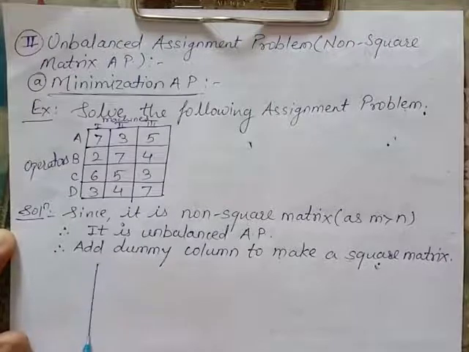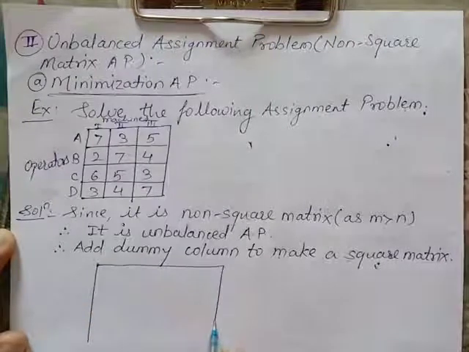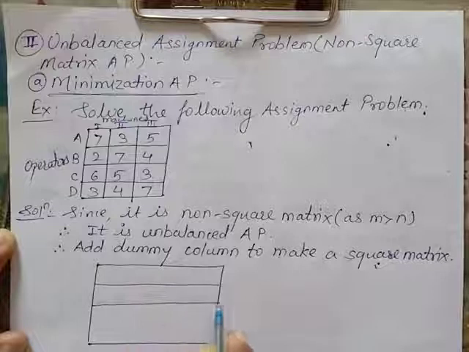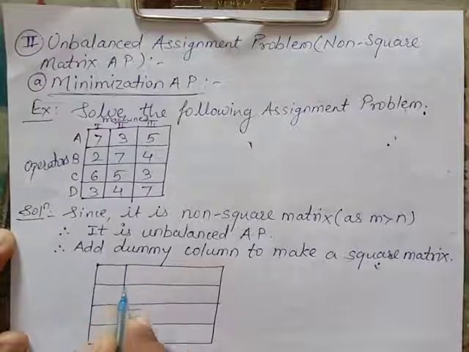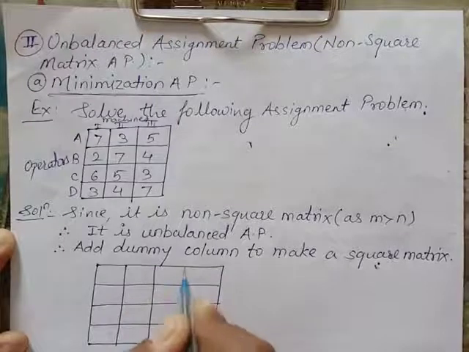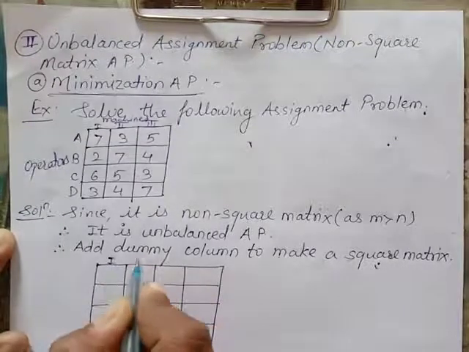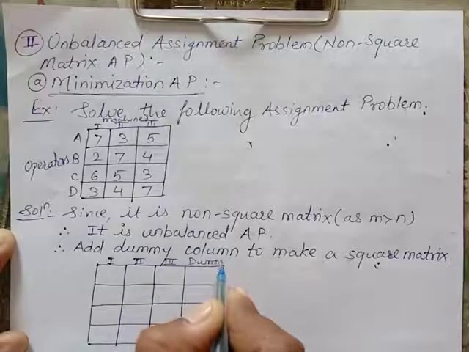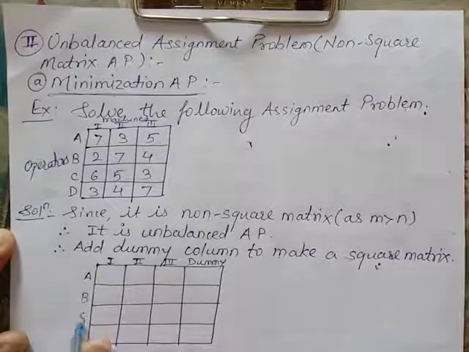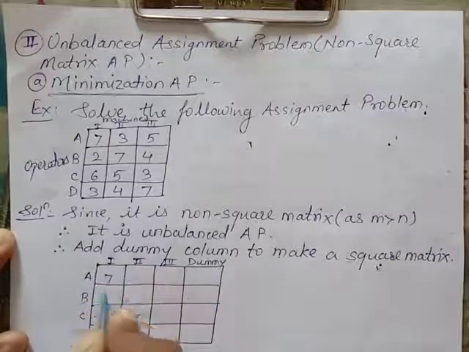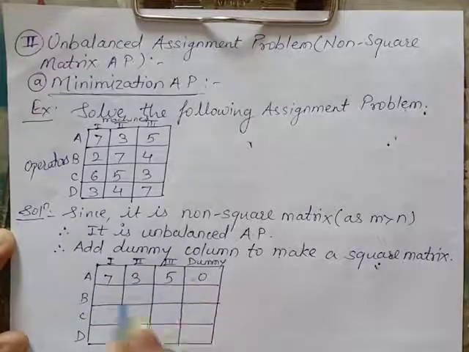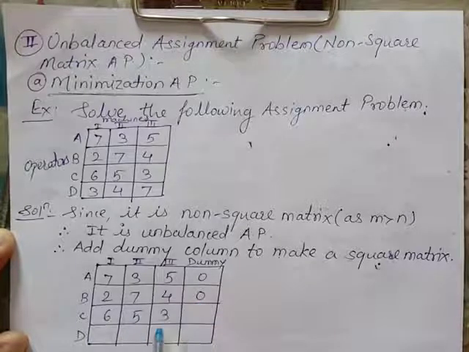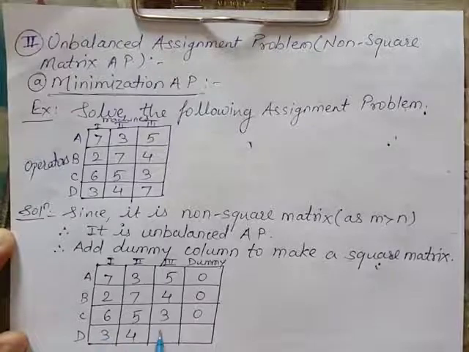So using that, it will be 1, 2, 3 and here dummy, here A, B, C, D as the operators. 735, here we will write 0, 274, 0, 653, 0, 347, 0.